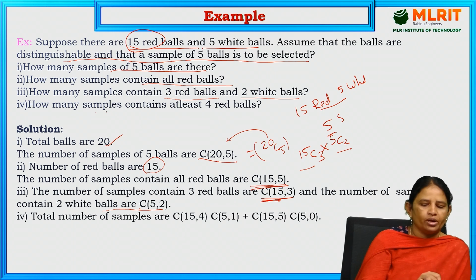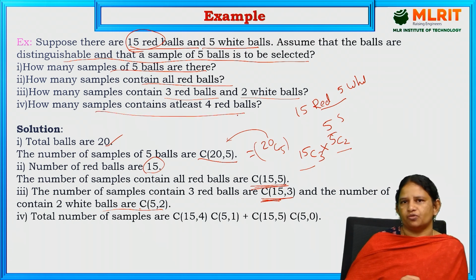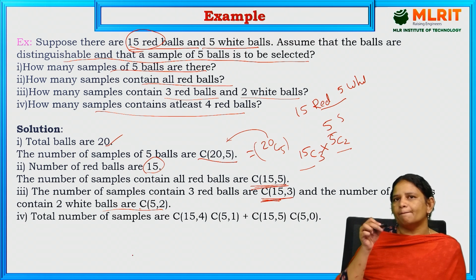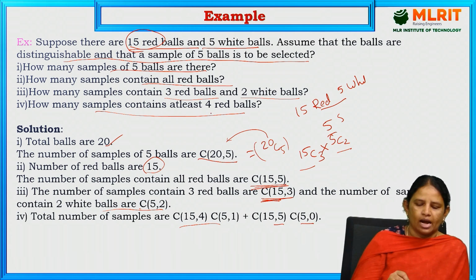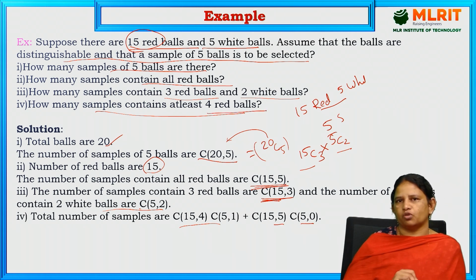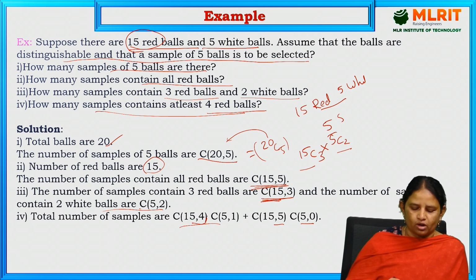Next, how many samples contain at least 4 red balls? At least 4 means the samples can have 4 red balls, and since the total sample is 5, the remaining 1 is a white ball.